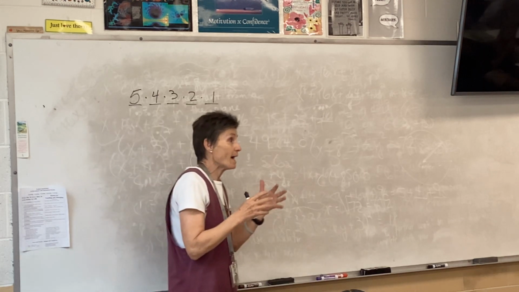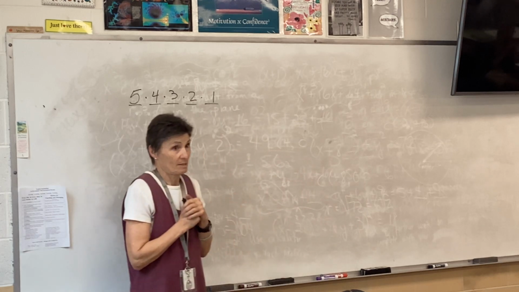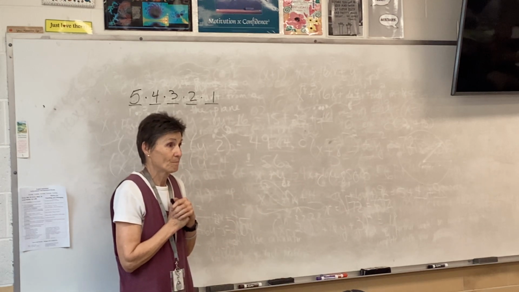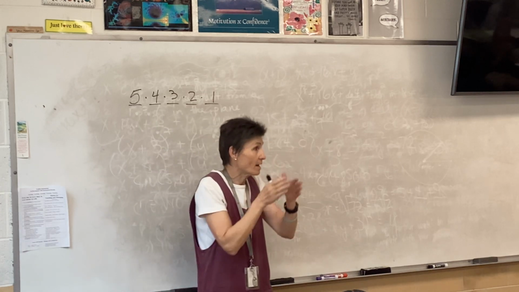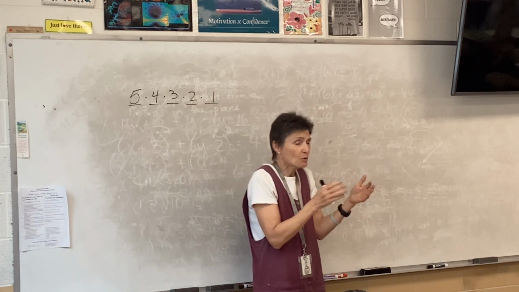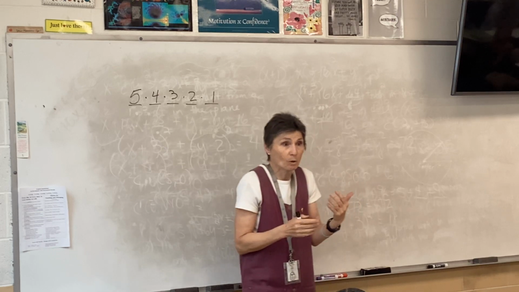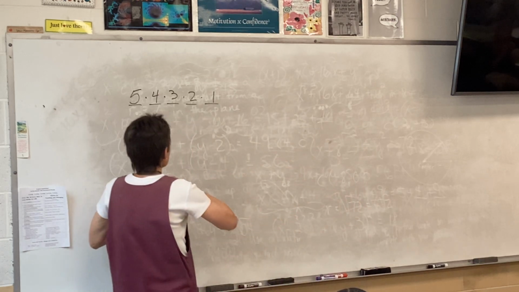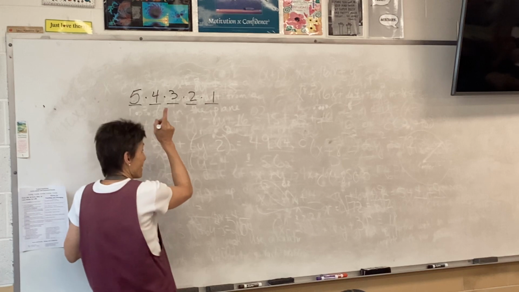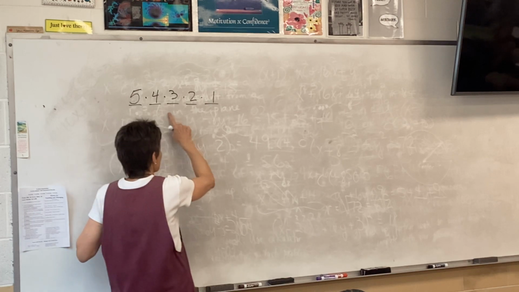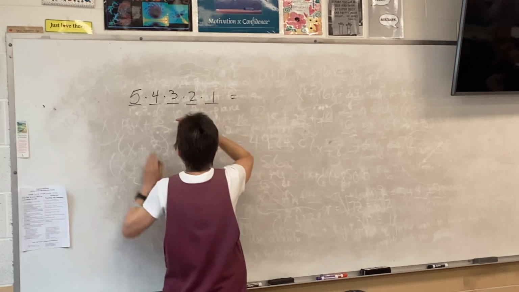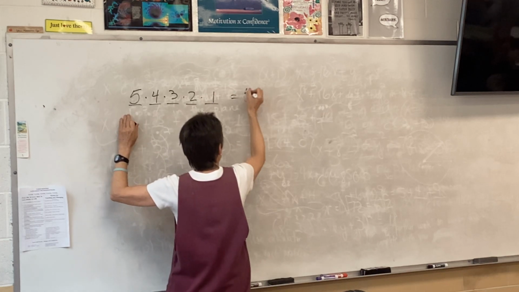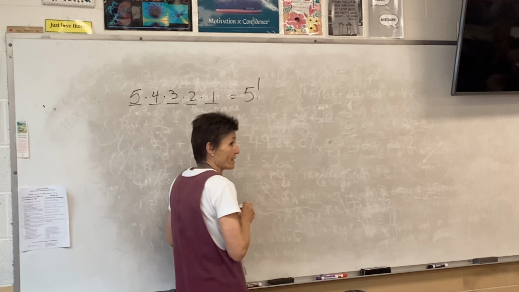But what if I had 50 books to arrange on the shelf? That would be 50 times 49, okay, and you could do it obviously, but it would take you a long time. So there is a notation, you may have seen it before, a notation for this concept. This right here is what we call 5 factorial.